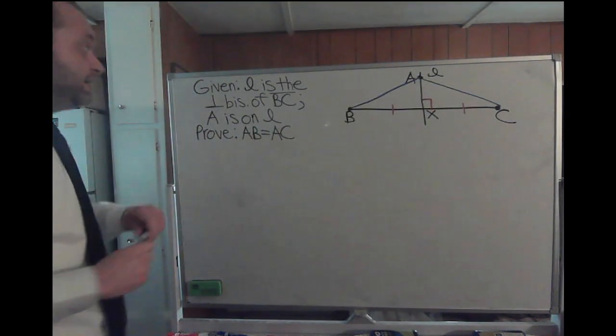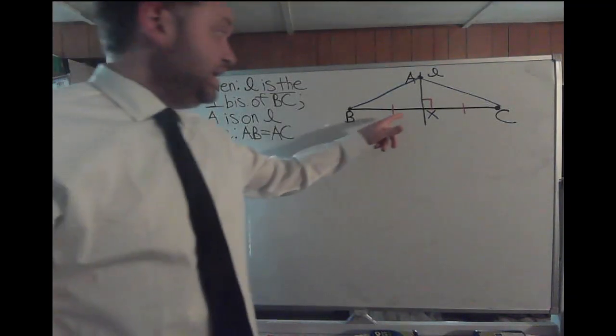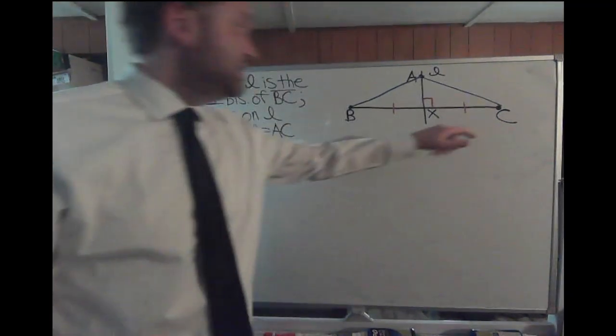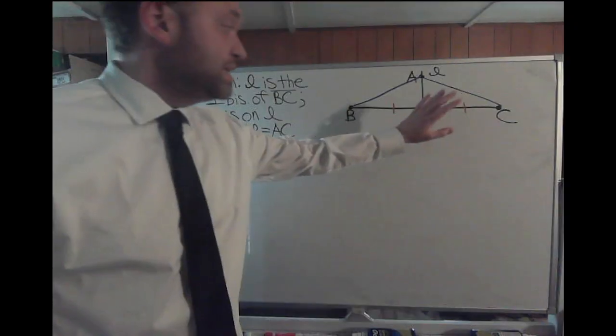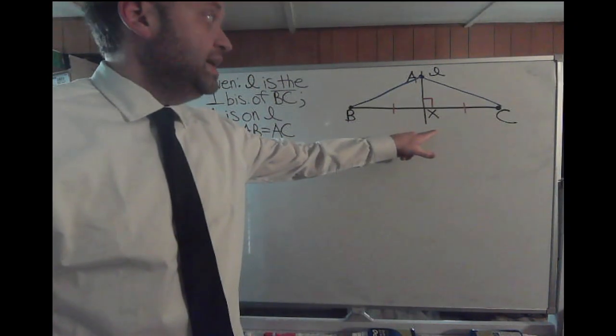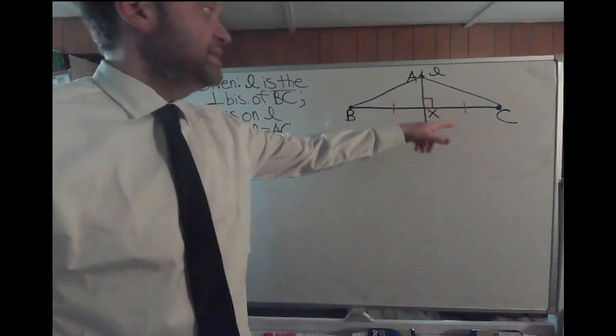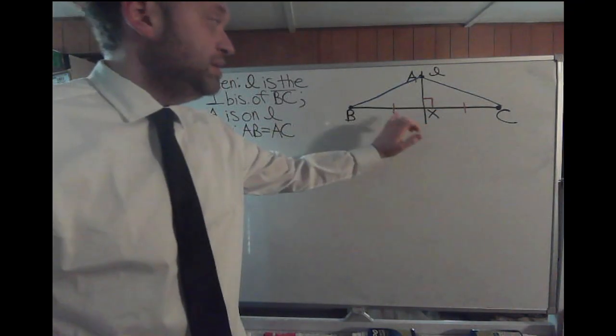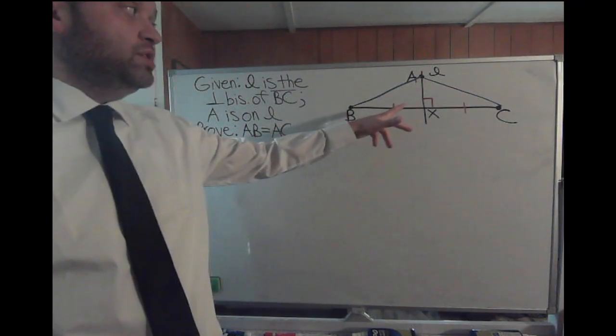So basically, we have here line segment BC with line L perpendicular to line segment BC, and it bisects it at point X, meaning BX and XC are congruent to each other.